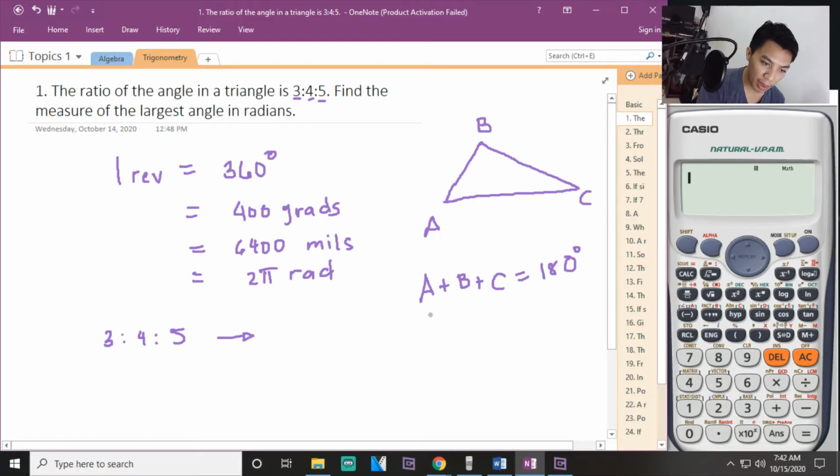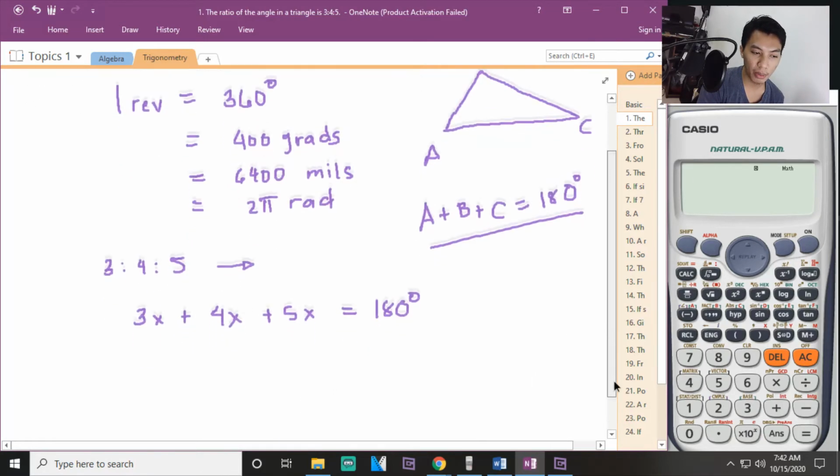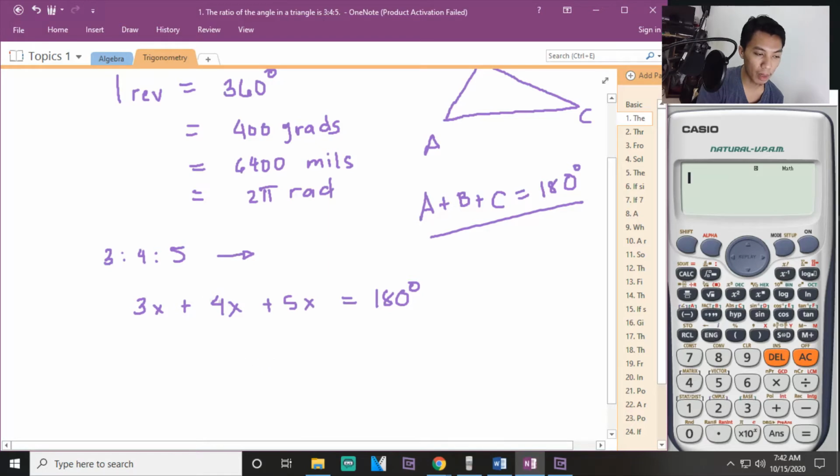And since ito naman is additive lahat sila, we can say na si 3, pero hindi natin alam what is the value of your angle. So, that is 3x plus 4x plus 5x equal to 180 degrees. Now, pwede natin silang pagdugtung-dugtungin or i-add, ilabas lang natin yung common variable.